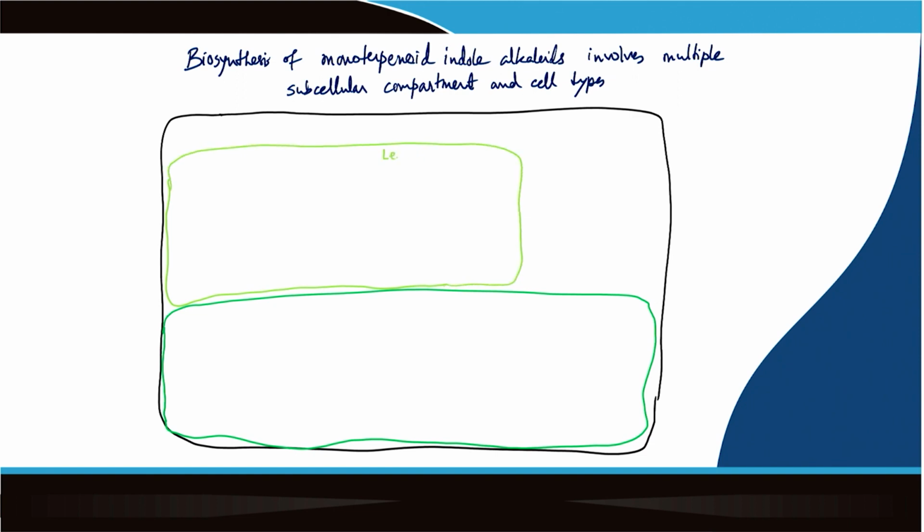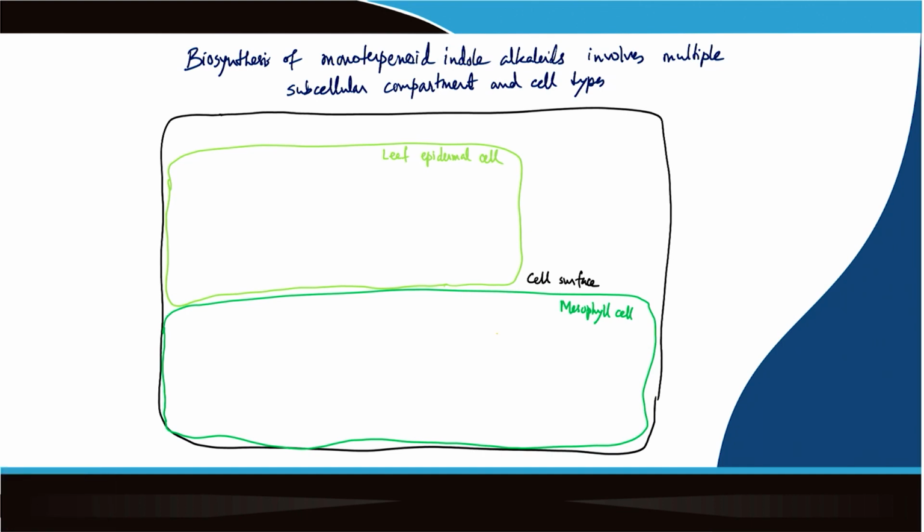So, basically this is the leaf epidermal cell and this one is the mesophyll cell, and the other region outside is basically the cell surface. Okay. And inside this mesophyll I am also going to show two specialized structures.